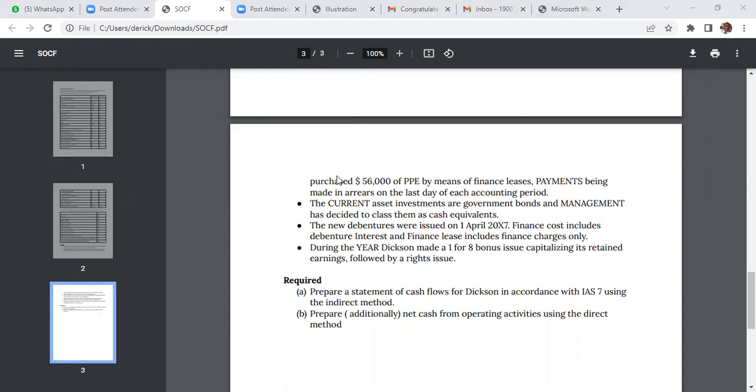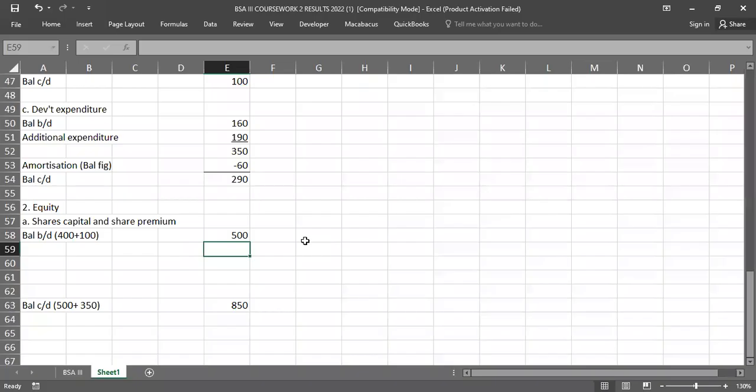Both the bonus issue and the rights issue involve existing shareholders. They're the beneficiaries of this. So let's look at the bonus issue.